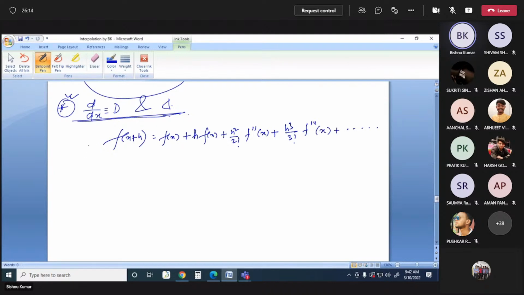That is Taylor series expansion. This expression you know, I think. If I bring it back, this is the left hand side, f of x plus h minus f x. What will be in the remaining right hand side?